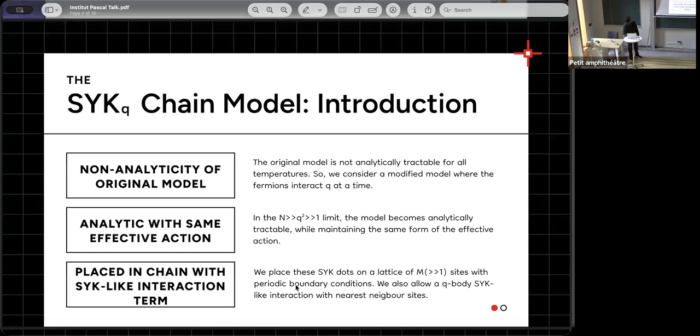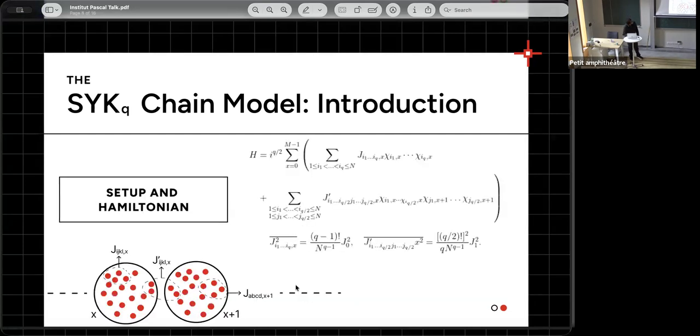To allow transport to occur, we place each of these SYK dots into a lattice chain, and the lattice itself has periodic boundary conditions, and we allow for nearest neighbor SYK-like interaction. This is a diagram of it. Obviously you have the Hamiltonian there, but you can easily understand it with the diagram.